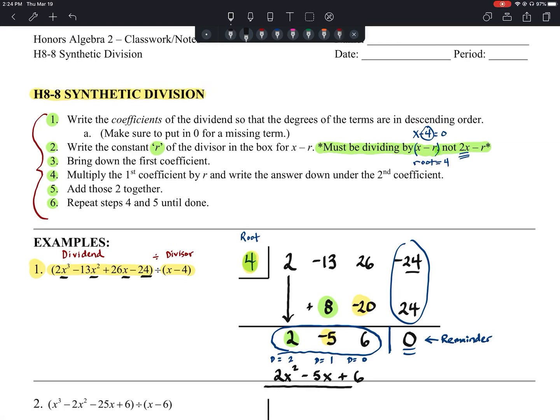And that is our quotient. When we divide our 2x to the third minus 13x squared plus 26x minus 24 by x minus 4, our answer ends up being 2x squared minus 5x plus 6.